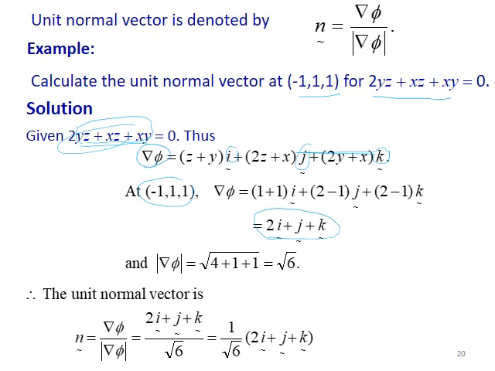We got a vector. Now the magnitude of this vector is 2 squared plus 1 squared plus 1 squared under square root. I got it. The unit normal vector is the del vector divided by its magnitude, as you can see here.